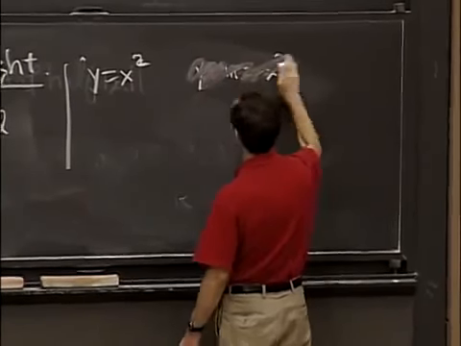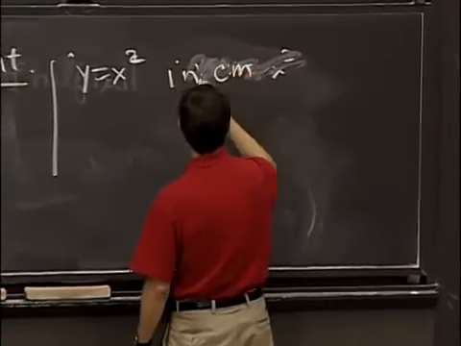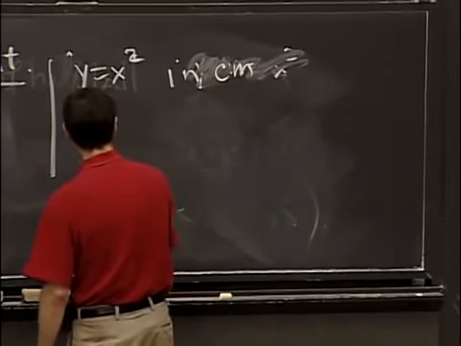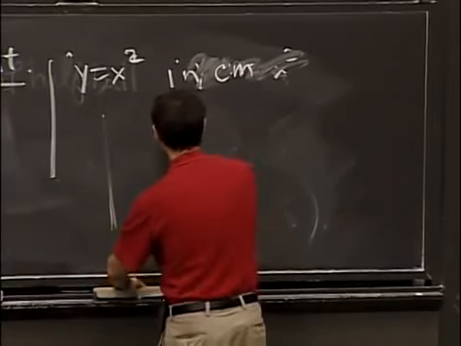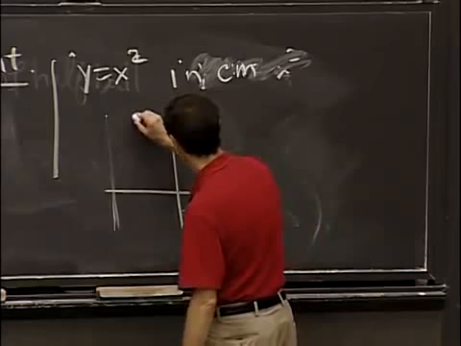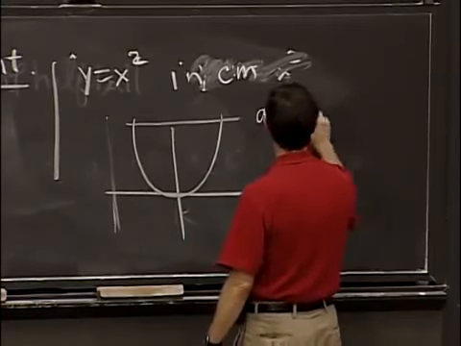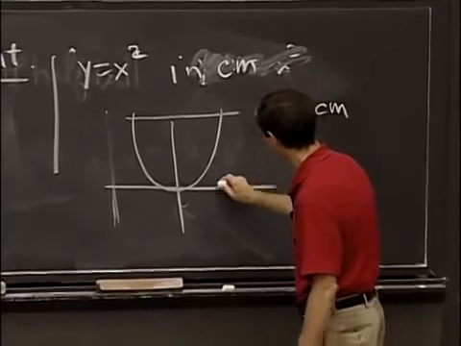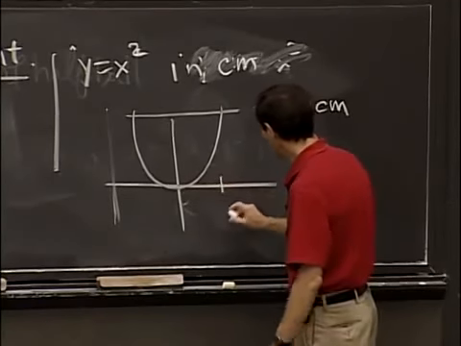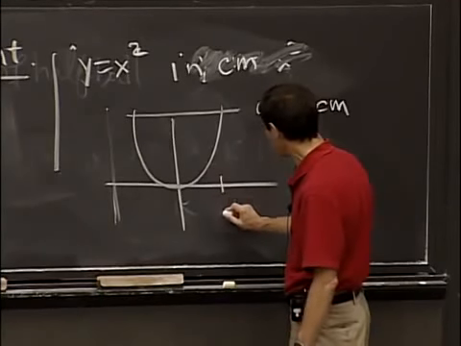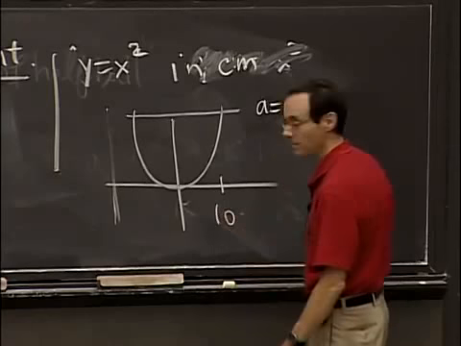In which case, the picture looks like the following. A is equal to 100 centimeters. And this distance here, which is the x value, this is 10.